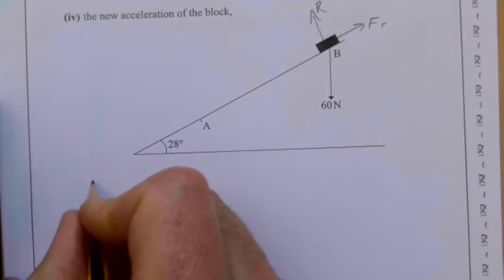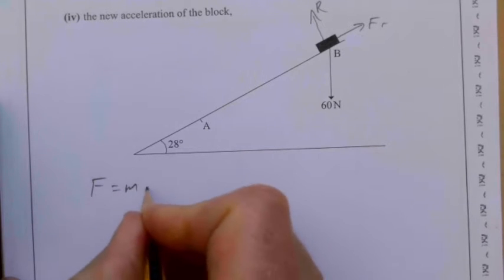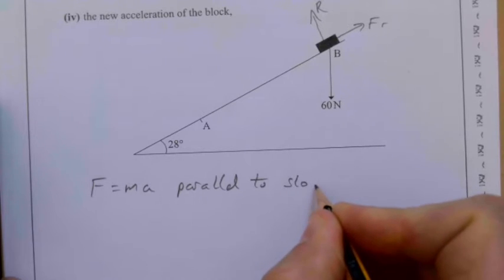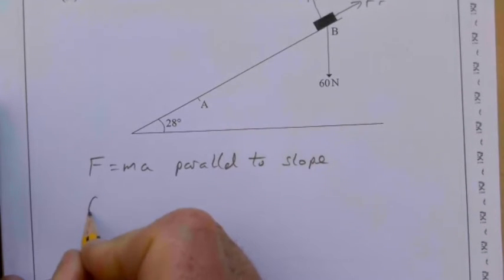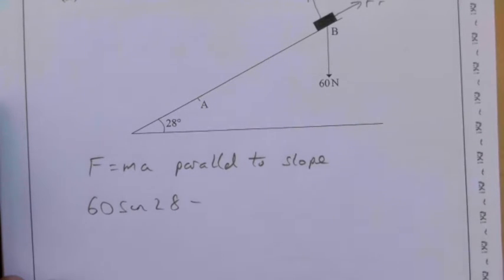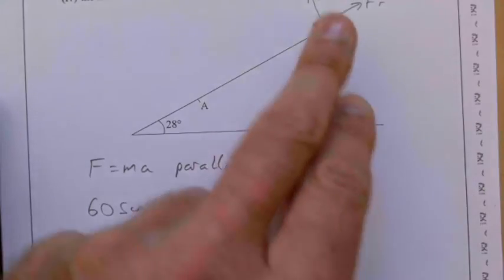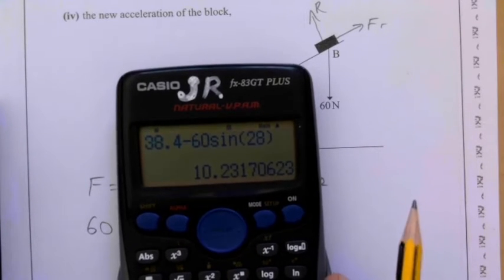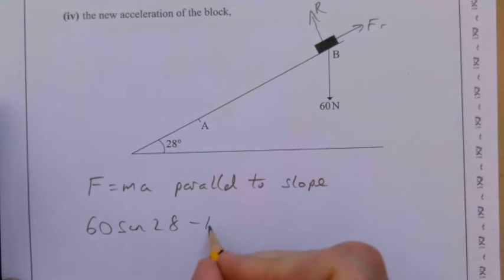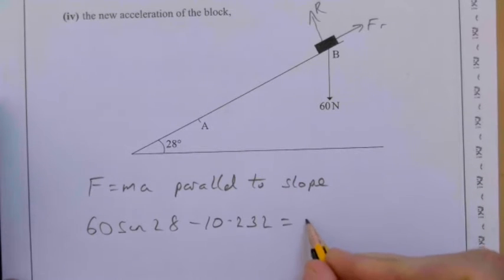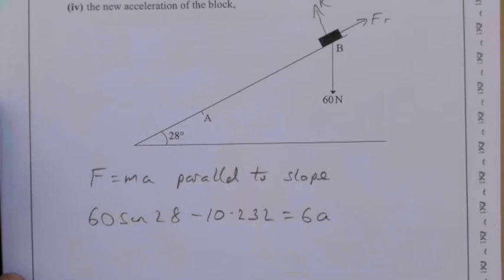So again, we do F equals ma for that, parallel to the slope. So as I said, that's 60 sine 28, take away the friction, so it's 10.23. However, it's much better if you can use a more accurate one, so I'm going to do an extra decimal place. That's 10.232. And that's equal to our mass times our acceleration, and the acceleration is what we're trying to work out.